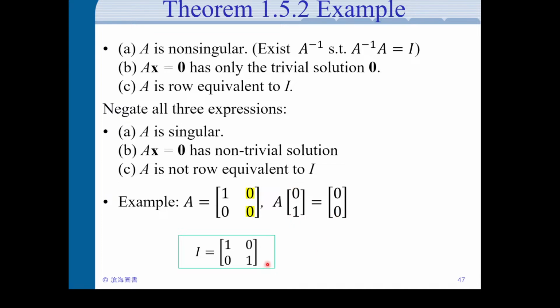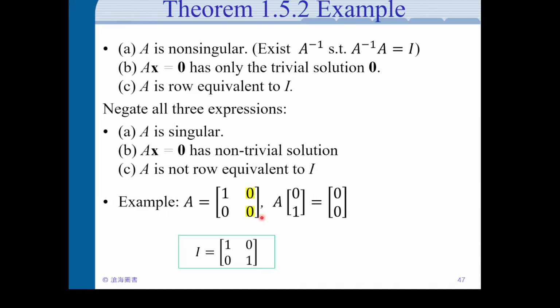And then the third one, we don't have quite a proof, but you can check that. I guess you can try yourself and see that no matter what row operation you do, I guess here we have a proof. The third one, we need to say A is not row equivalent to identity, and this can be seen by the last column. This column here is 0, 0.